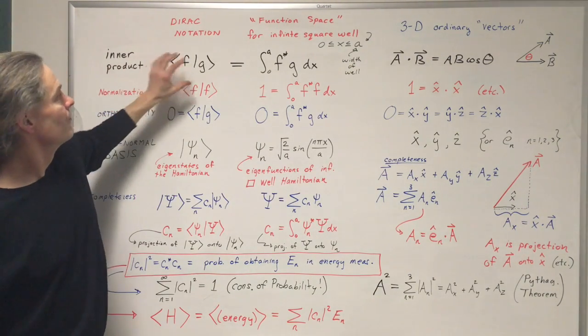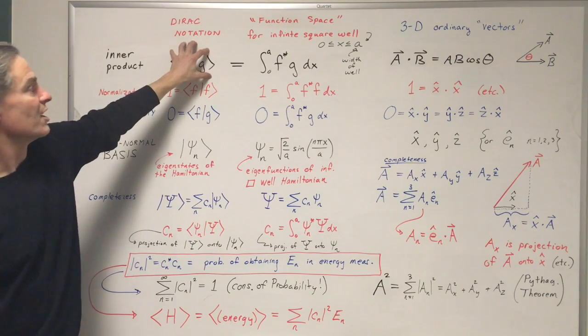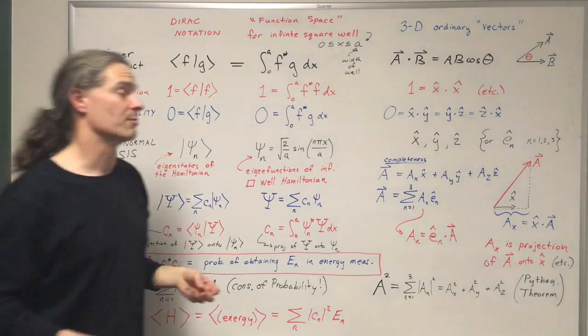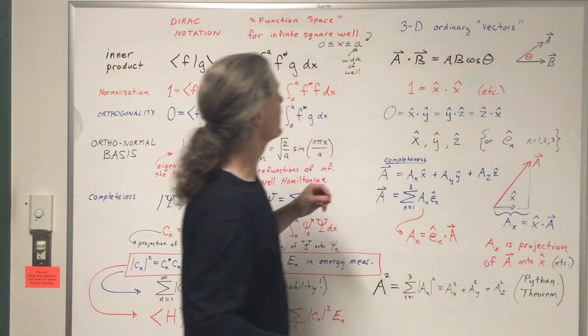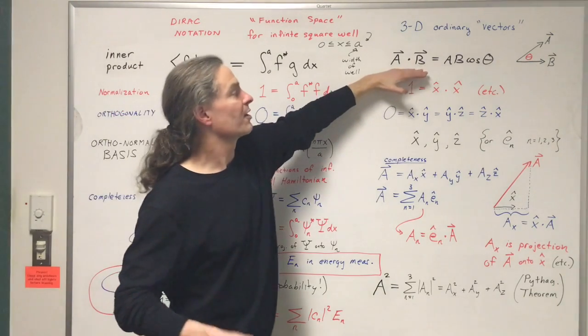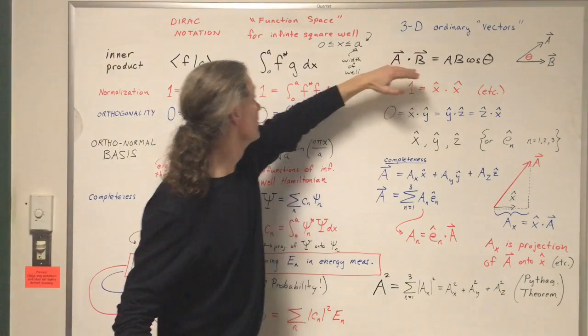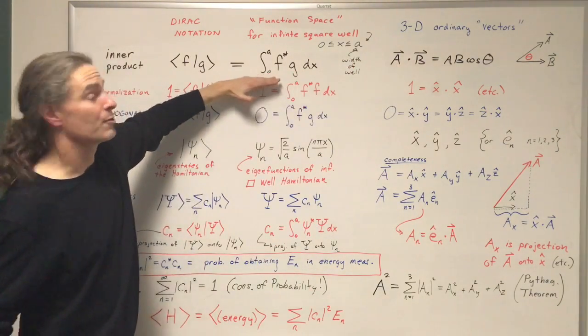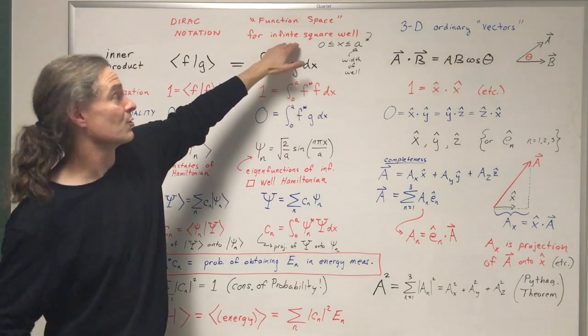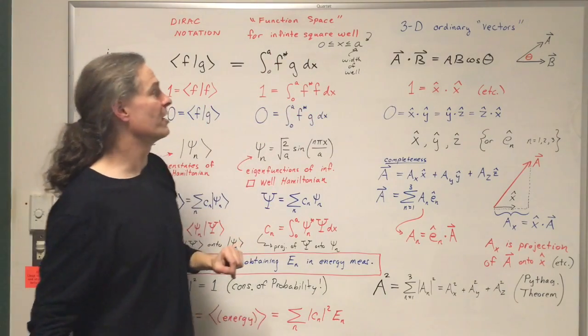All right, so this is an abstract representation of this, or it could be a generalization to other types of quantum states as well. Okay, so inner products. The dot product is an example of an inner product, and integrals of this type, which we've already been doing, is another example of an inner product specific to our infinite square well function space.